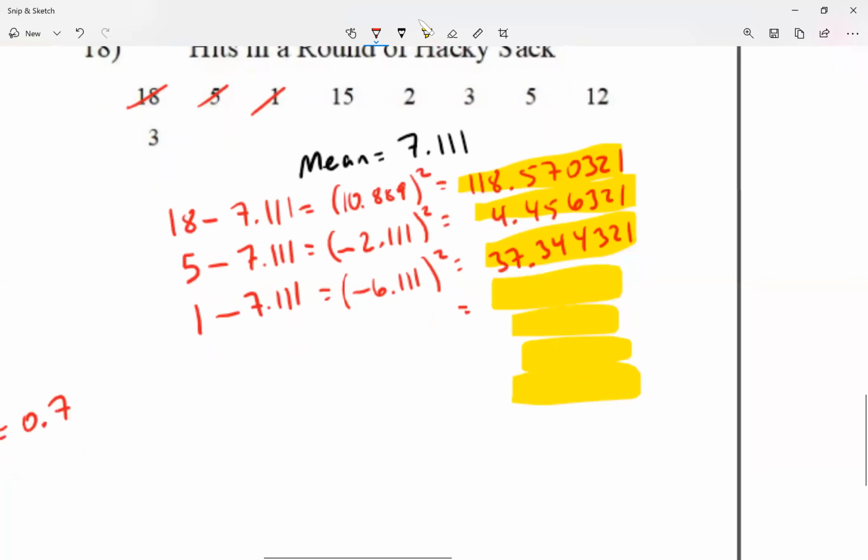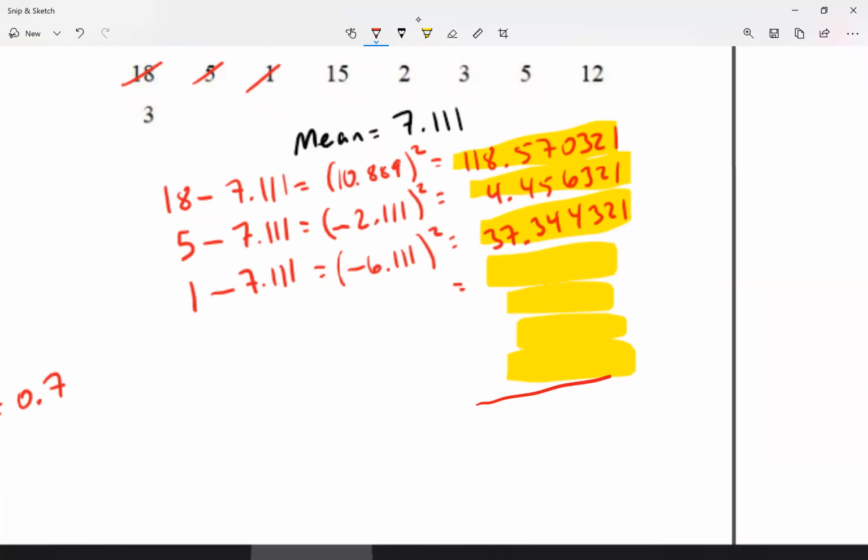Again, I don't want to waste your time. So once we find all my numbers here on my list, let me find the average of that. So add them all divided by how many you got, and you're going to find out that the variance, I'm using the Greek letter sigma squared, in this case happens to be 34.543.